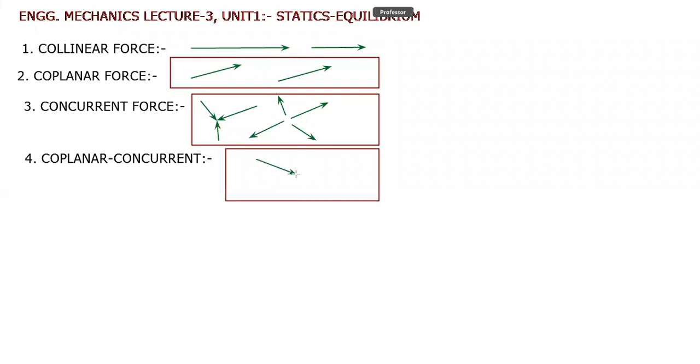Forces will be in the same plane and they will meet or they will emerge from the same point. So this will be now coplanar concurrent. Means all forces are in the same plane. In the third one, that is the concurrent force system, it may be in the same plane or may not be in the same plane. In three-dimensional also these forces can exist. But here in the fourth one, coplanar concurrent means in the same plane as well as meeting at the same point.